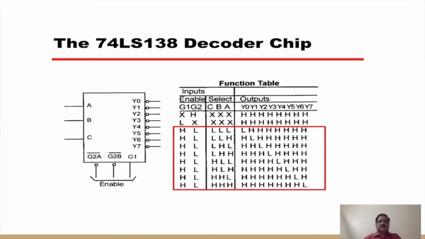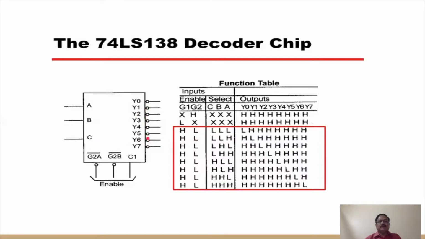For this decoder IC, A, B, C are the 3 inputs, and Y0 to Y7 are the active low outputs. Here you can see the function table for this decoder. Depending on the ABC input, the corresponding output line goes low.